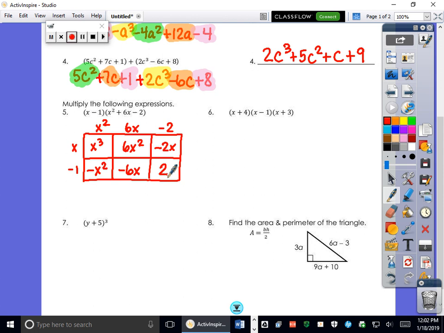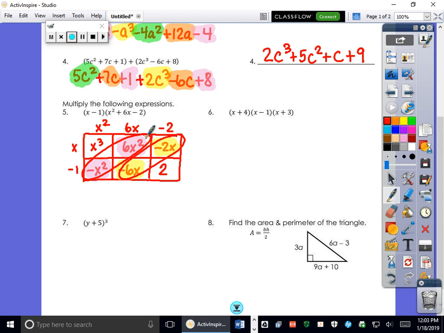At this point now, you're going to do what you did in problems 1 through 4. You're going to combine all of your like terms and start with the highest exponent first. If you notice, I have 6x squared and negative x squared. I also have negative 2x and negative 6x. So those are my terms that are actually alike. Everything else doesn't have a like term.